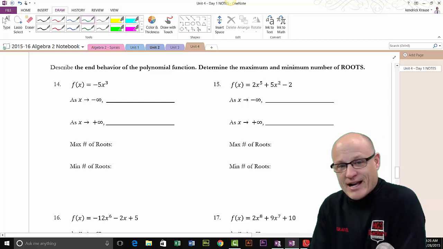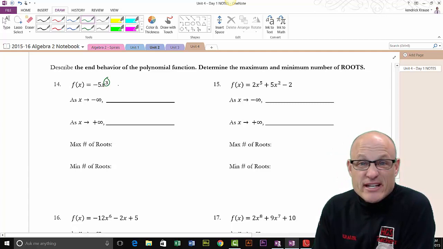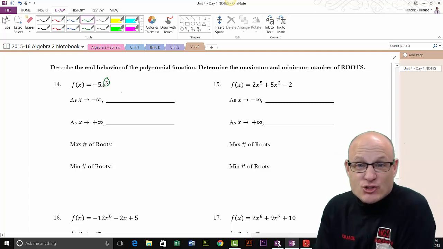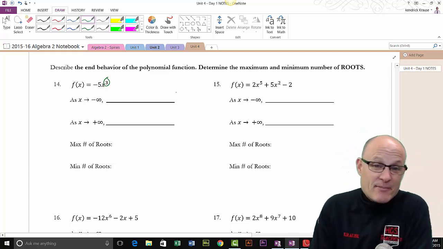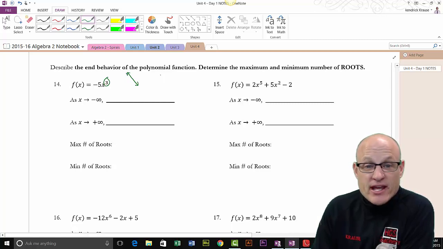Now, what you need to recognize is odd going off in either direction. If you want to bring it back to lines, because you know a lot about lines, if you had a negative slope line, wouldn't you say it's going down like this? So in this case, because it's a negative odd correlation, but it's a cubic, it's going to have some wiggles in it somehow.